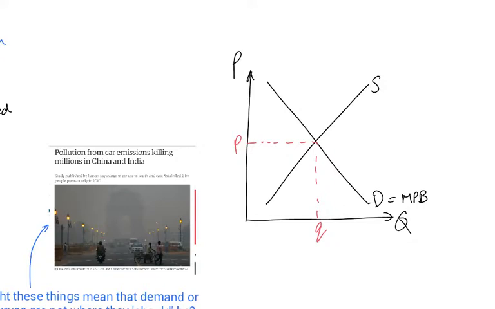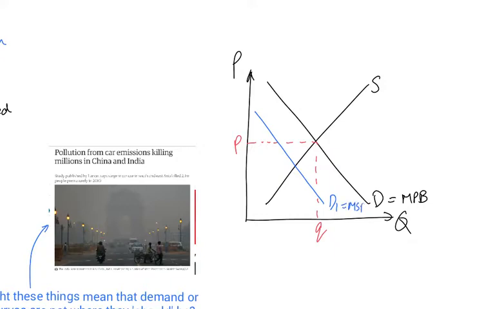In this case, we've got pollution from car emissions, which is causing a great deal of problems. So in a similar way here, we have additional costs that are not being taken account of in this situation. And the result of that is that people are perceiving the benefits to be at D, whereas actually, if they were to take account of the harm that they are doing to others, then their demand would be at D1.